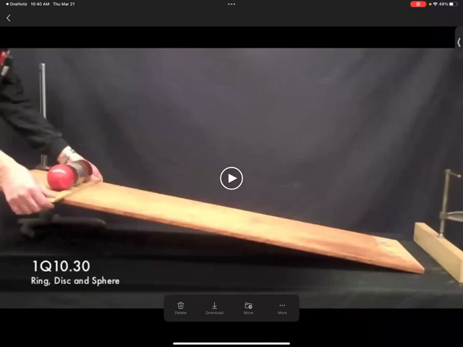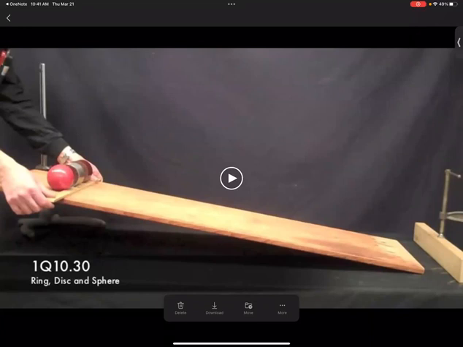And here it is. The hoop has, I think, the coefficient of 1.